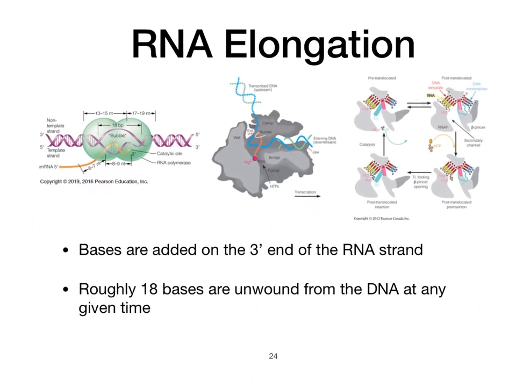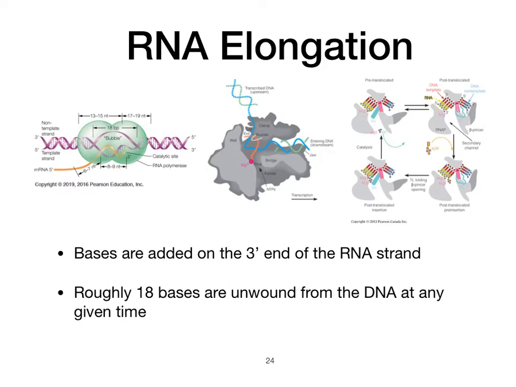Initiation really terminates in the departure of the sigma subunit. Elongation covers everything in the middle. RNA elongation is bases being added onto the 3' end of the RNA strand. In our open complex, which we can see here, we have our 18 base pair bubble, which is right here.